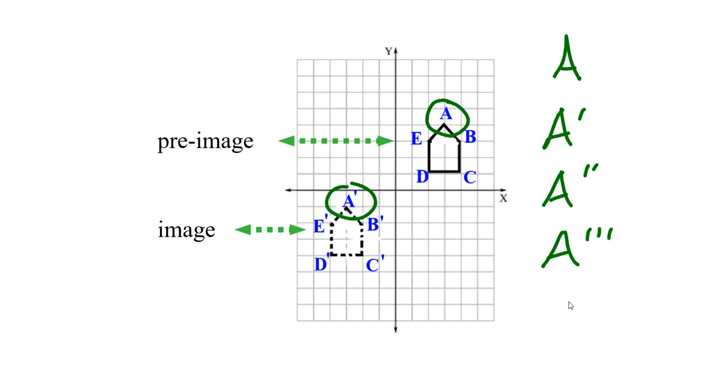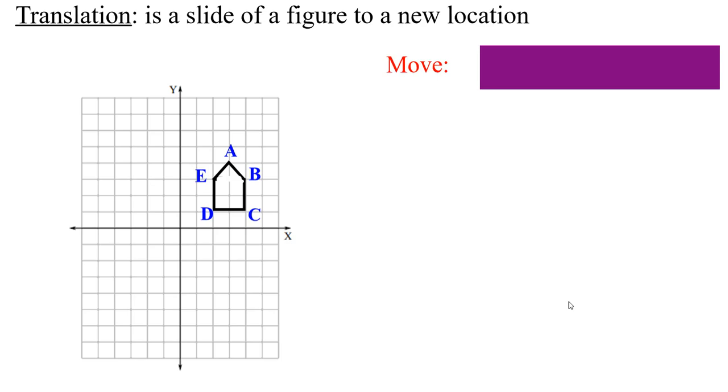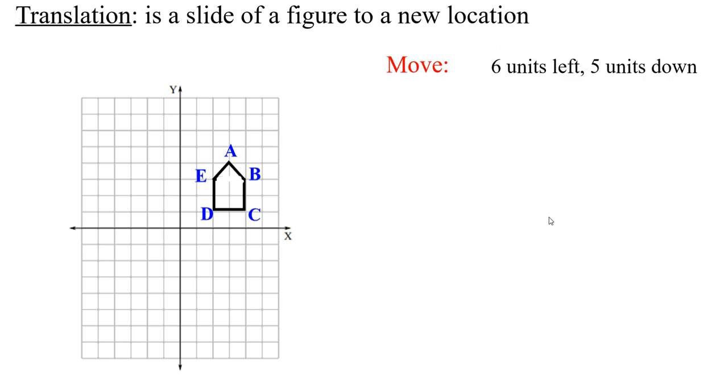Now a translation, where we're going to start, is a slide of a figure to a new location. So we're going to look at moving this house 6 units left and 5 units down. If you start with the letter A and move 1, 2, 3, 4, 5, 6 units to the left and 1, 2, 3, 4, 5 units down, this is where A prime would be located.